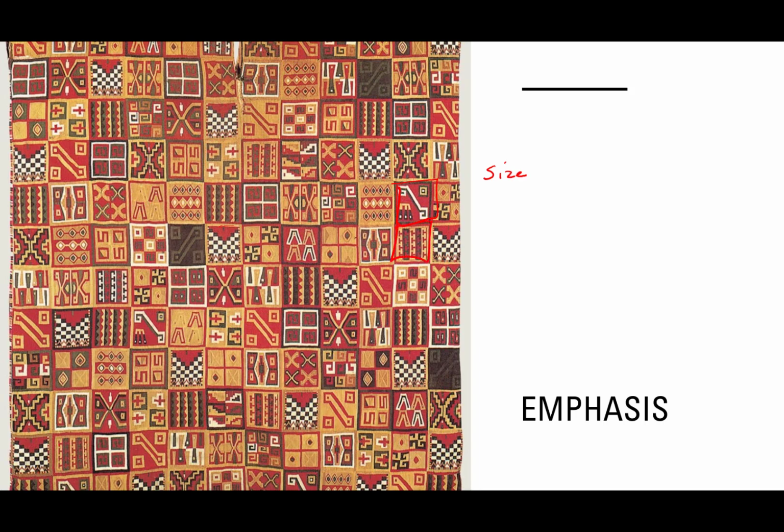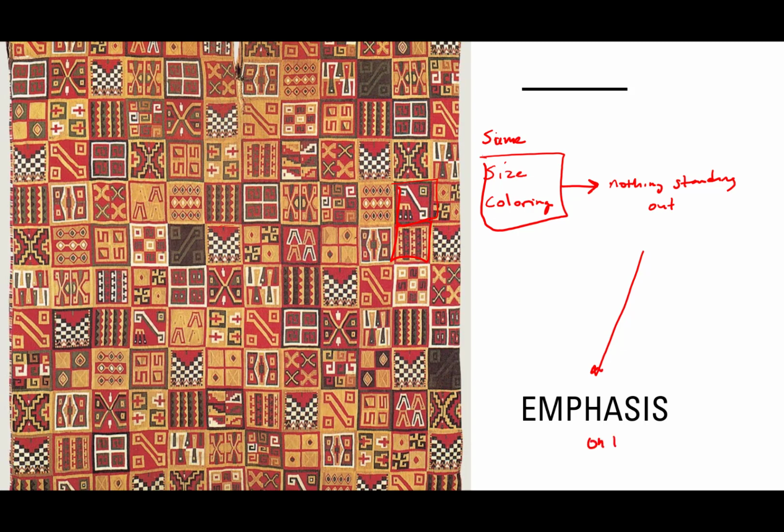Even though they're different, the size is essentially the same, and because they have similar coloring, these two things lead to, so here we'll say same or similar size and coloring leads to nothing standing out. And so this forces the emphasis right on the whole. Yet it doesn't have the no emphasis like the other, because you can clearly see this draws your eye to more specific areas where you start looking at each individual thing.